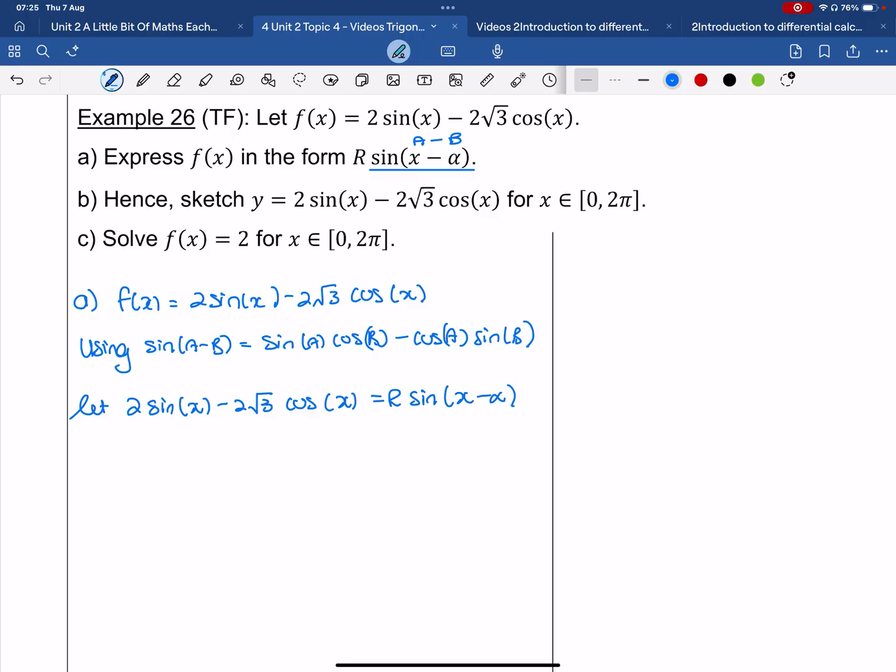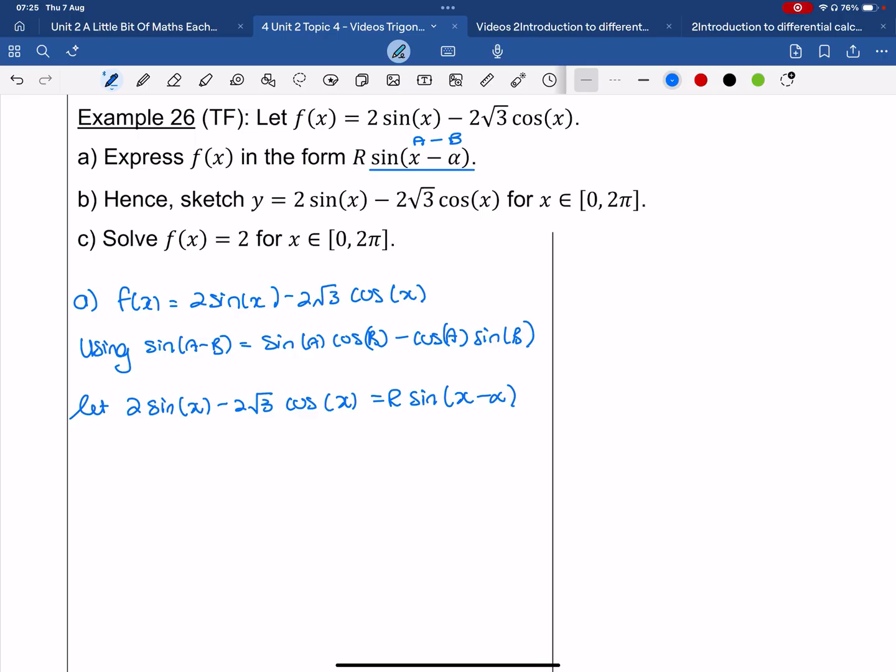So we're creating an equivalent expression. I'm going to use my identity, and I'm going to try and see whether I can equate coefficients to be able to find a single value. I know that sounds a little bit weird, but bear with me, okay?